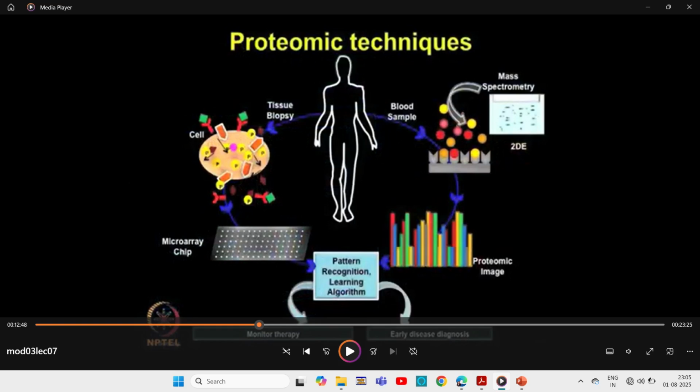In a proteomics technique, initially you will collect the blood sample and extract the protein out of it. Then you will do different analyses, like the gel-based techniques, DIGE or differential electrophoresis, or 2DE. Those are initial methods. You can still draw some conclusion from them, but for a better conclusion you need to do certain other assays like tissue biopsies or microchip assays.